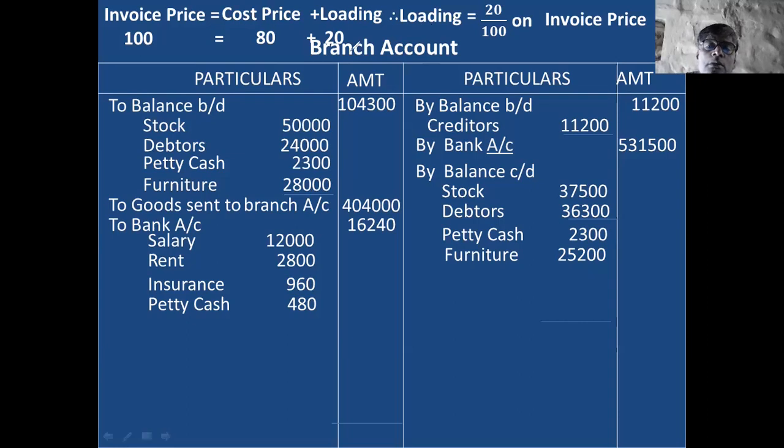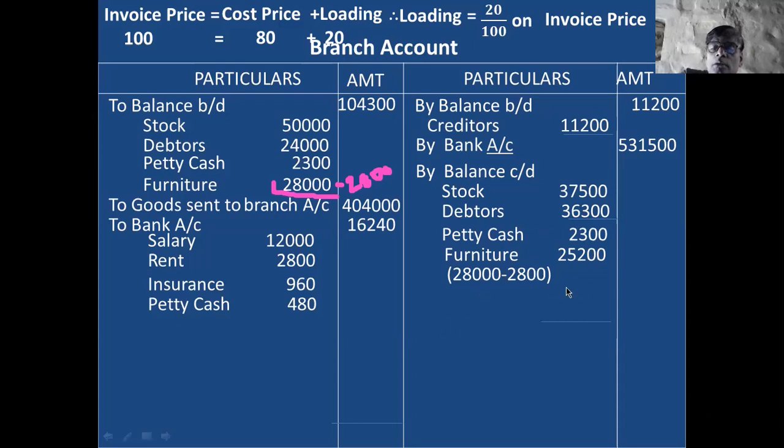In this 28,000, you reduce depreciation at 10%, that is 2,800. If you deduct 2,800, the furniture balance is 25,200. In this way you calculate the asset balances.